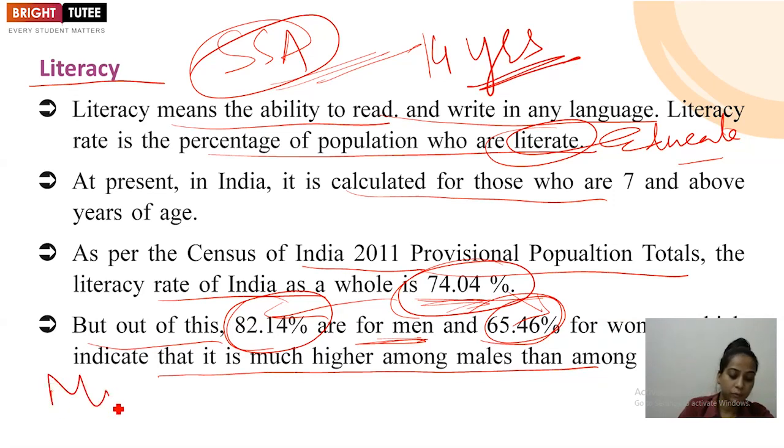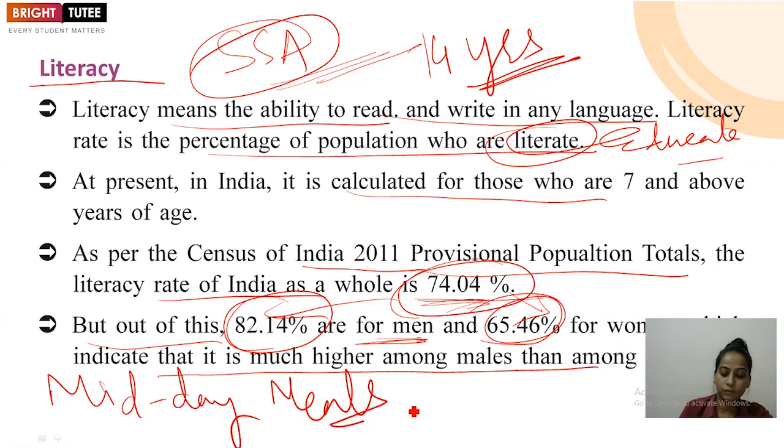The midday meal program was also started. That was part of our education system, and basically it was started to encourage more and more children, mainly rural children, to be part of this education system. They should get encouraged to get education.